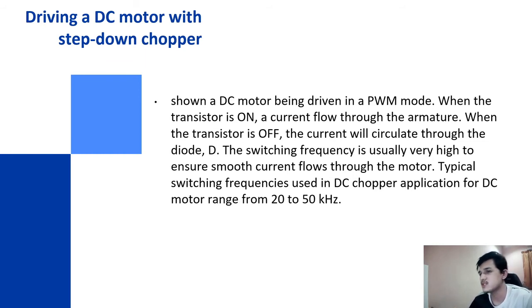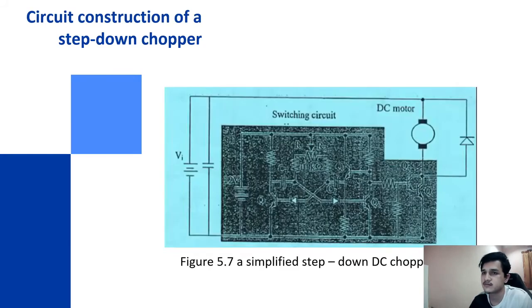When the transistor is on, current flows through the armature. When the transistor is off, the current circulates through the diode. The switching frequency is usually very high to ensure smooth current flow through the motor. Typical switching frequency used in DC chopper applications for DC motors ranges from 20 to 50 kHz.